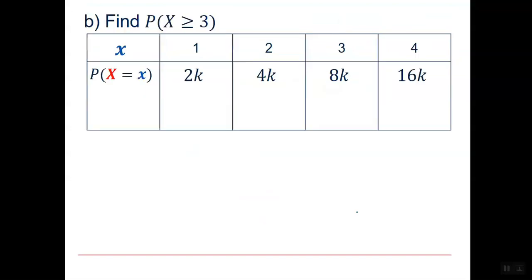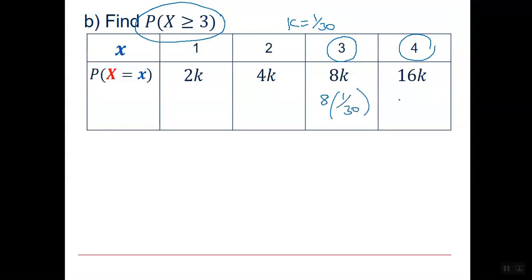The second part of the question asks us to find the probability that x is greater than or equal to 3. This means that it could be 3 or it could be 4. Remember, we already know now that k is equal to 1 over 30. So I can find the probability that x is 3 and that x is 4.